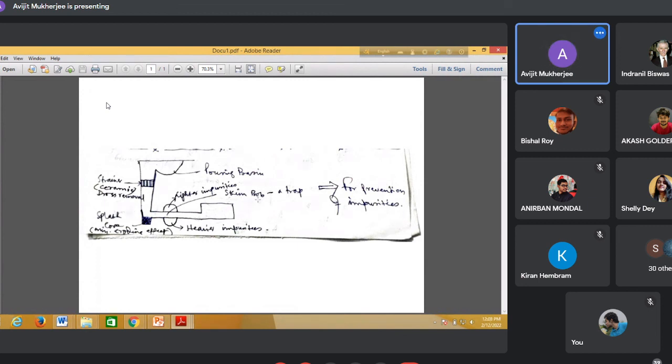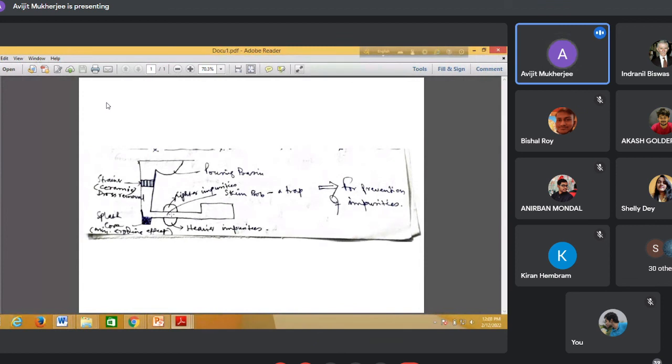Skim bob. Skim bob is a circular device. Upper half is located in the upper portion. Lower half is located in the lower portion. This is a trap to separate lighter impurities as well as heavier impurities.